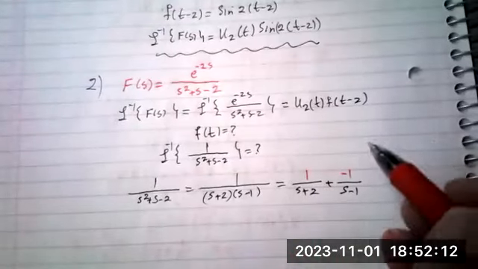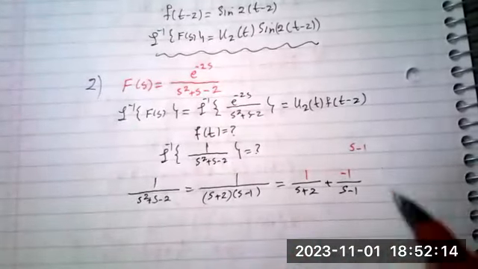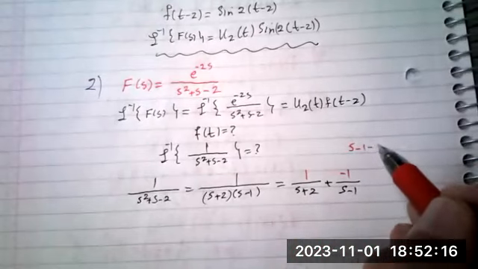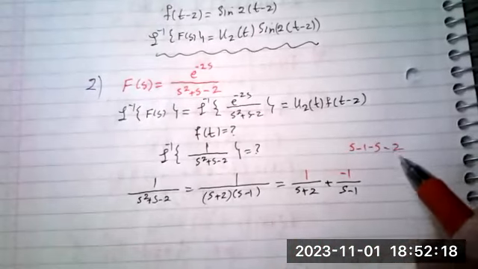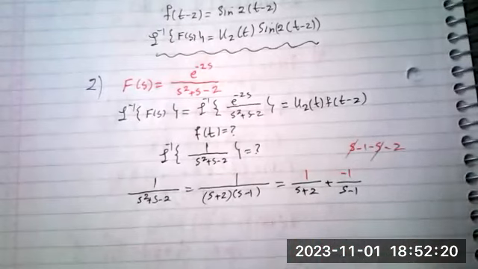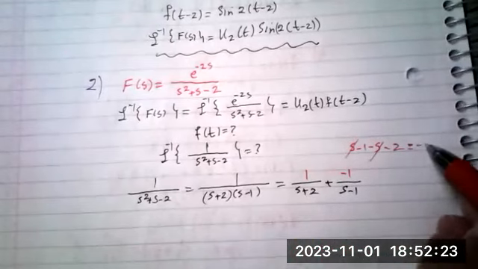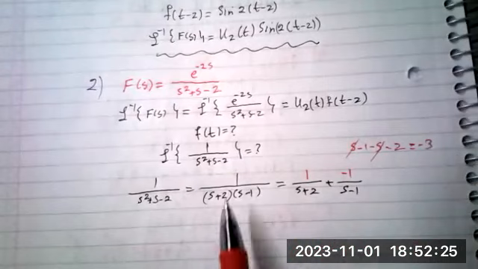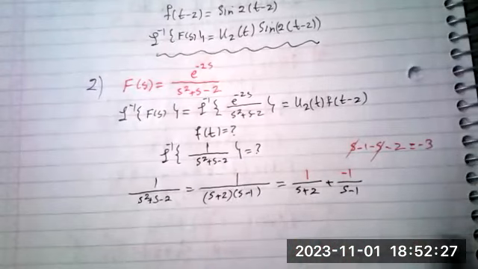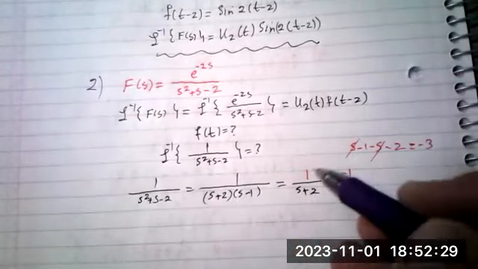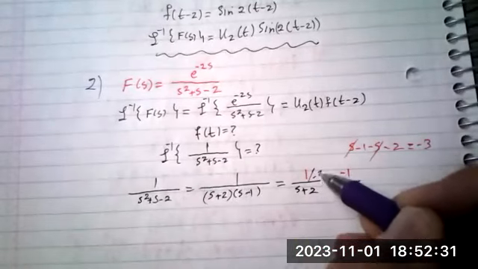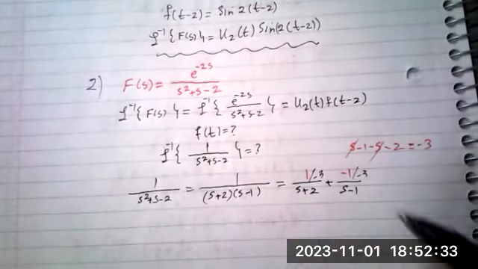Cross multiply, that gives me s minus 1 minus s minus 2. That would be simplified. The result would be negative 3. But I want 1, so divide by negative 3. So this would be over negative 3, and this would be over negative 3.